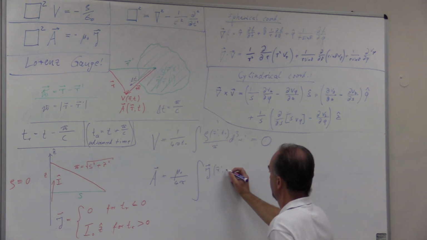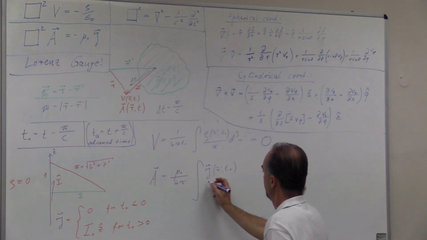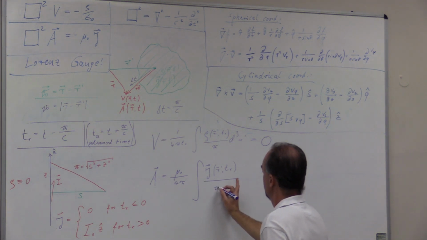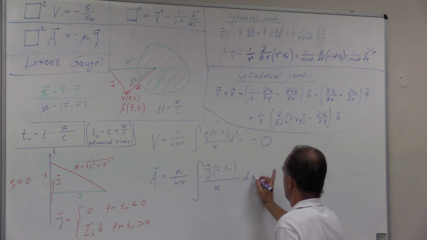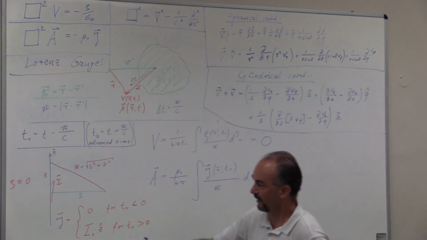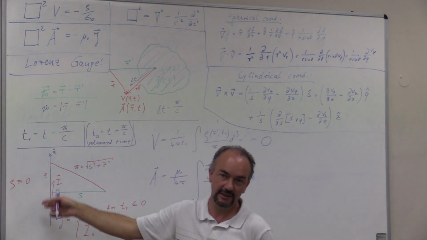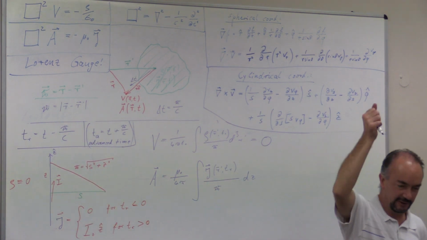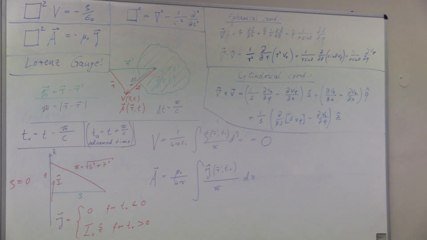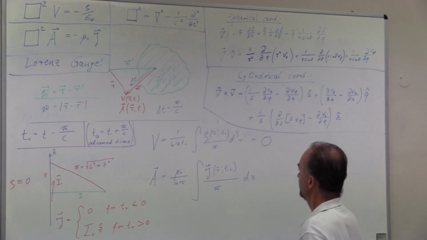Somewhere on the wire at retarded time over R. Effectively, the volume where you have current is only on the z-axis, right? So we only need to integrate over that one dimension here. Okay, what is our retarded time?